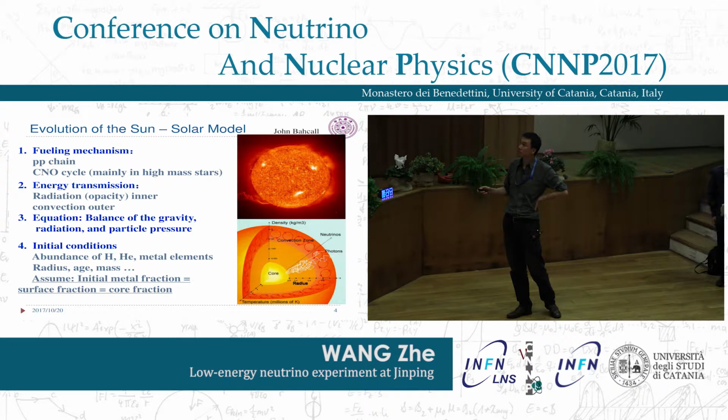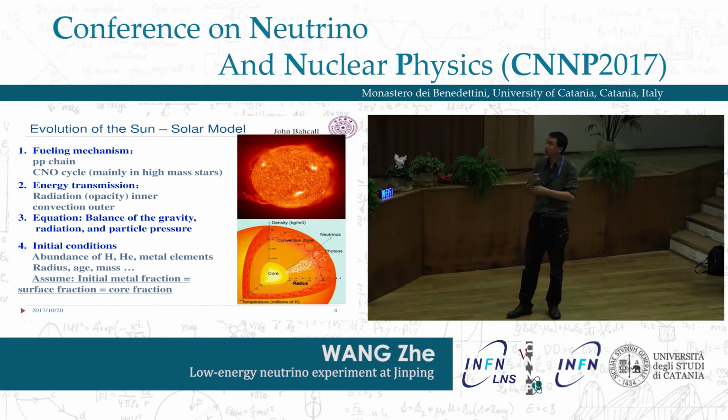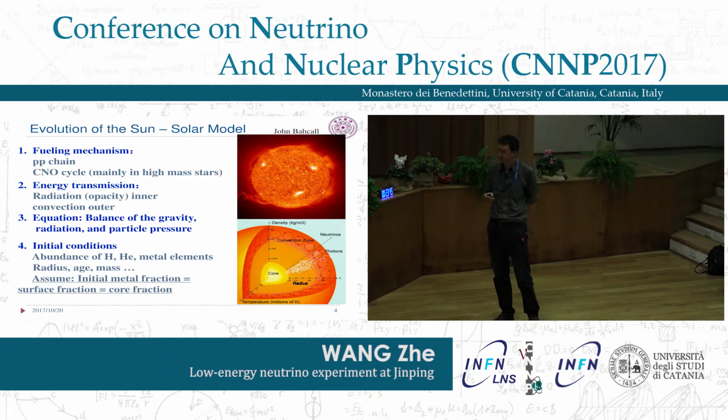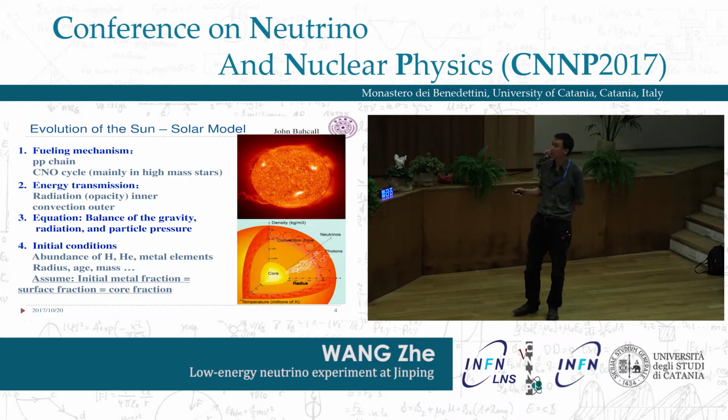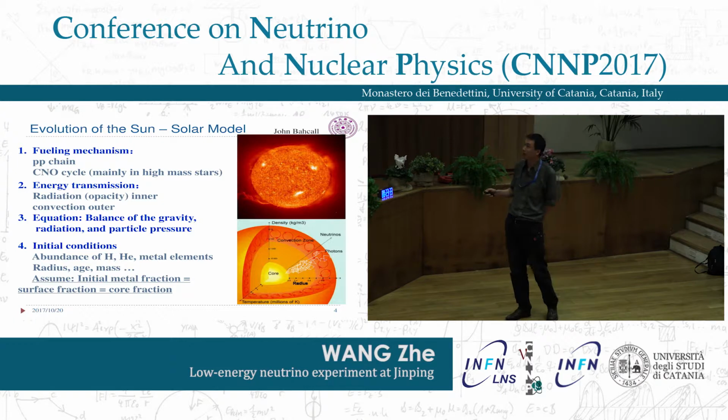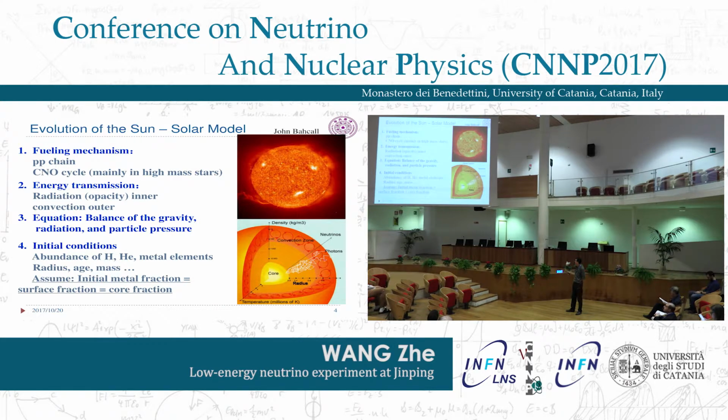Then this whole system relies on a balance of gravity and the pressure given by radiation and particle pressure. This model is a dynamic model. It's not a static picture, so it requires a lot of boundary conditions to make this model run. For example, it requires the abundance of hydrogen, helium, and other metal elements. It also relies on the current radius, age, and mass of the sun.